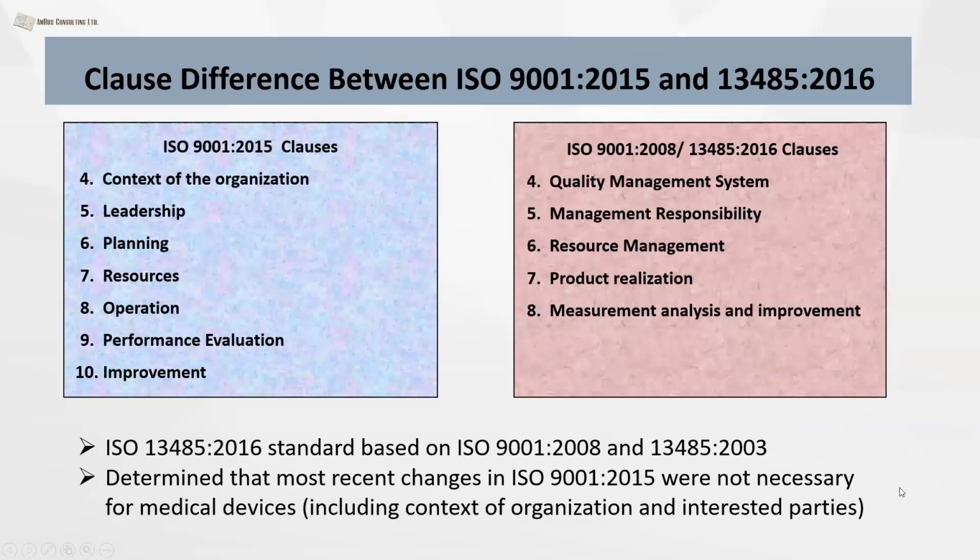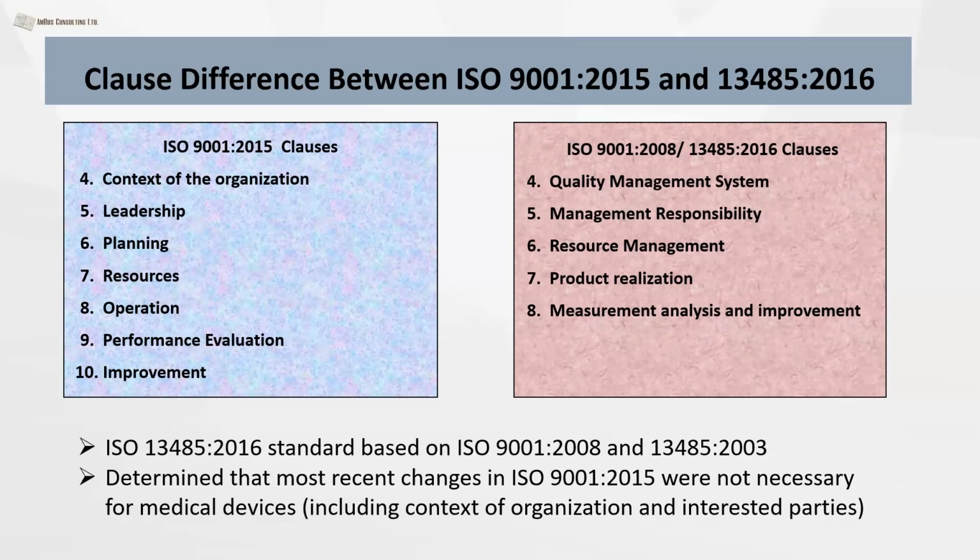Okay, so let's go on now to look at some of the details of what ISO consists of. And I just wanted to compare 13485 to the standard ISO, which is the 9001.